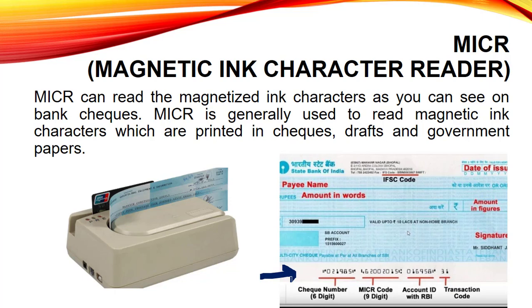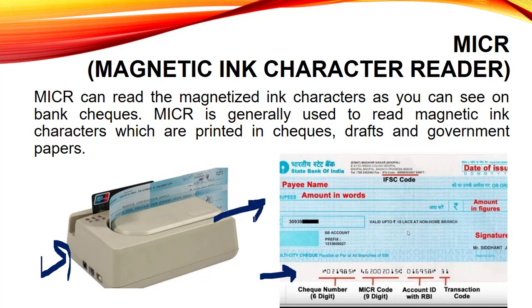This magnetic ink can only be read by special devices or special readers, and these readers are termed magnetic ink character readers. The device that you are able to see here is a magnetic ink character reader. In this device we put our check from this side. It will simply scan the check and return it to you from this side.